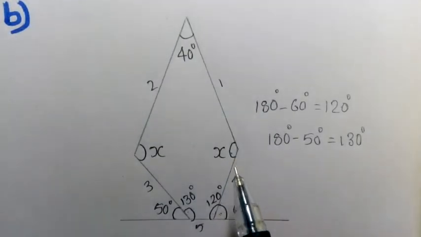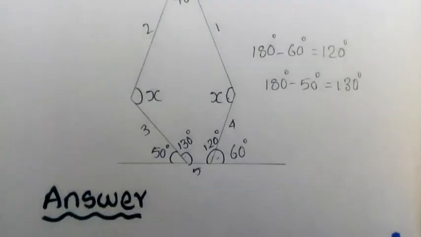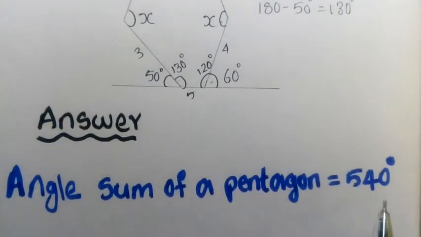Next we need the sum of all the interior angles in a pentagon. Angle sum of a pentagon is 540 degree.